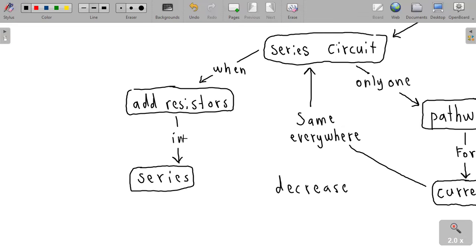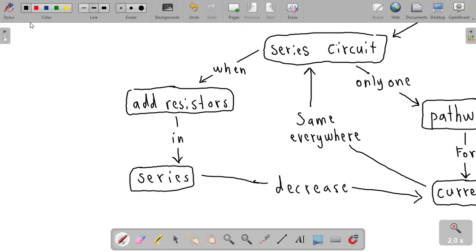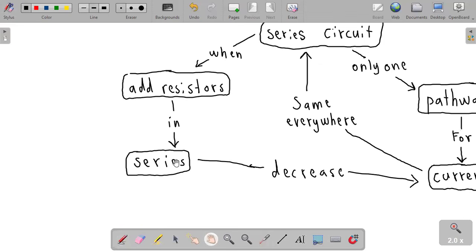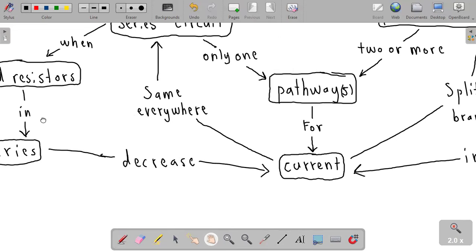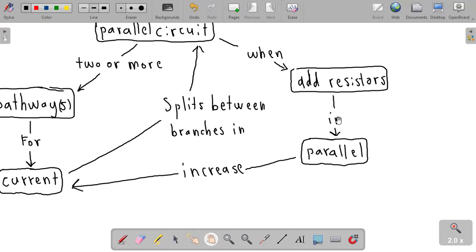So when you add resistors in series, you decrease the what? You decrease current. See, unlike the other side where you increase, here you decrease. So it's almost the opposite. When you add resistors in series, you decrease current. When you add resistors in parallel, you increase the current.